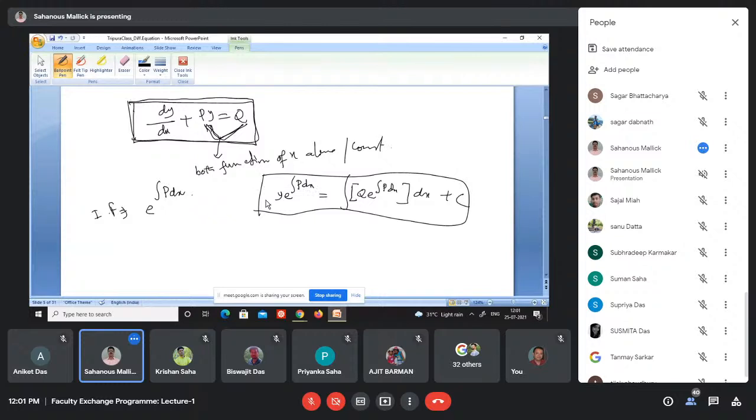Now we go to Bernoulli's equation. The form of this equation is dy/dx plus py equals q y to the power n. This form of equation is known as Bernoulli's equation.